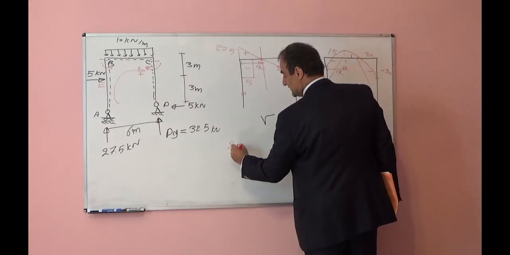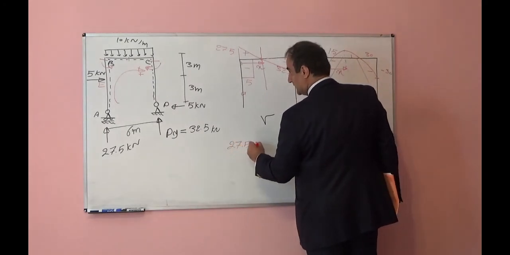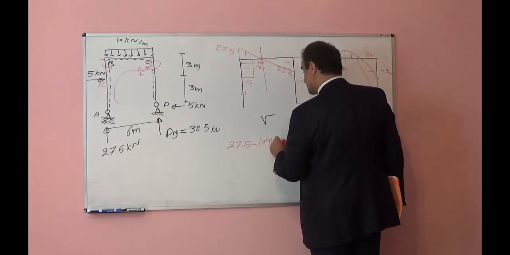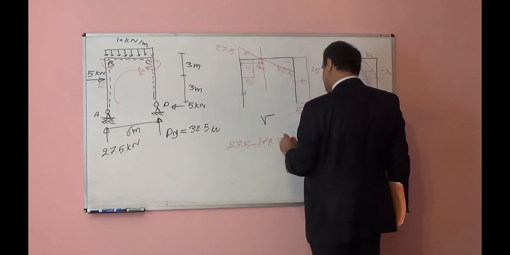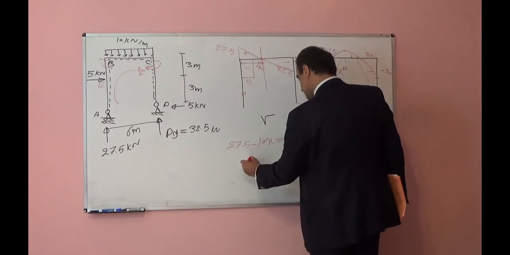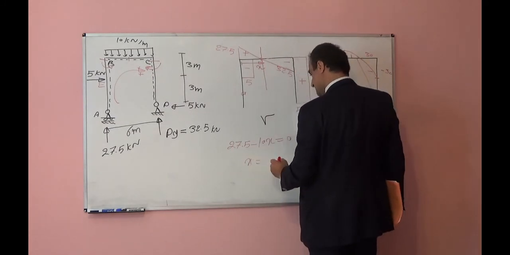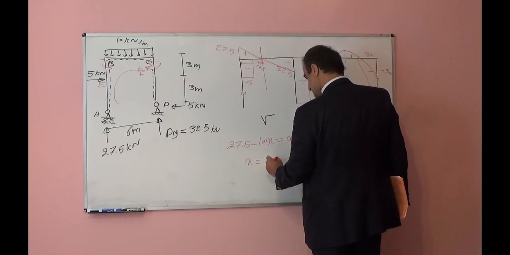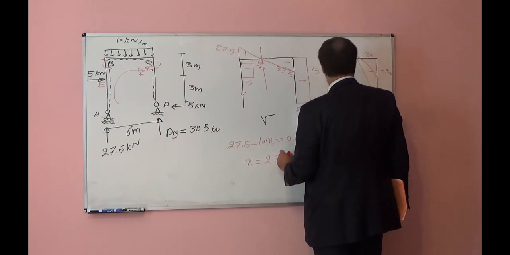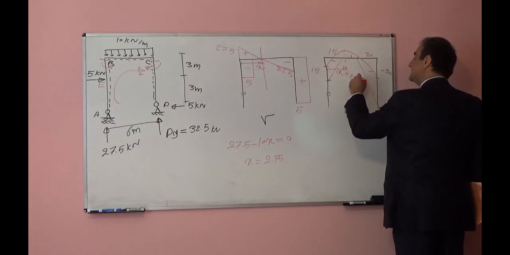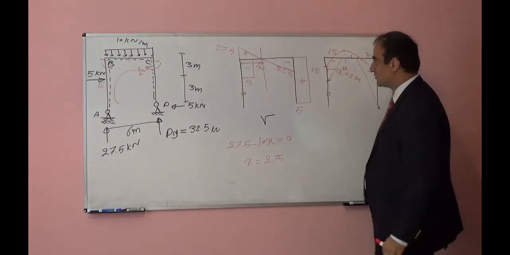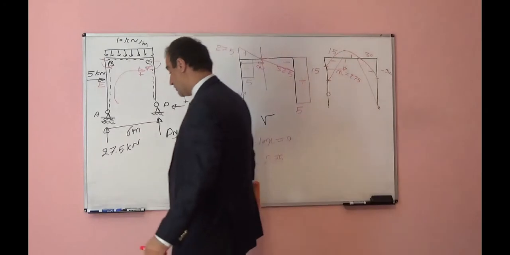It will be 27.5 minus 10 times X is equal to the shear here, which is equal to 0. From here, X will be equal to 2.75.